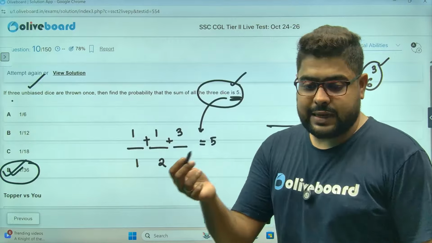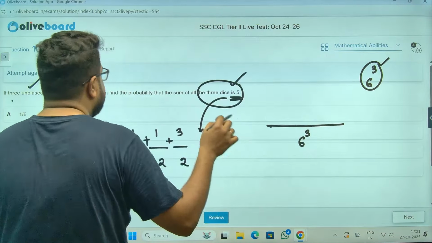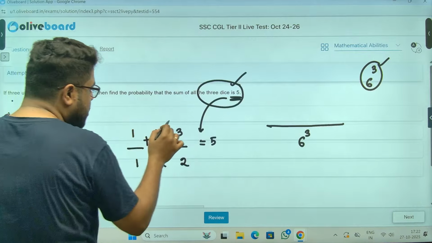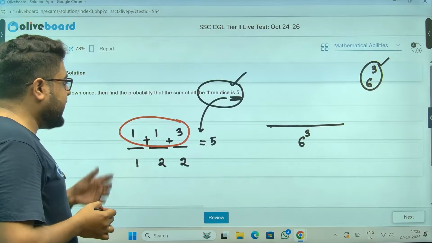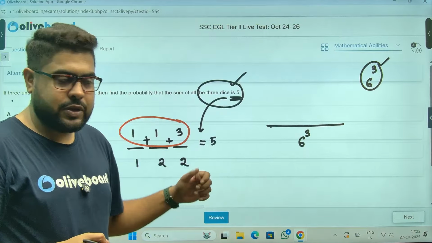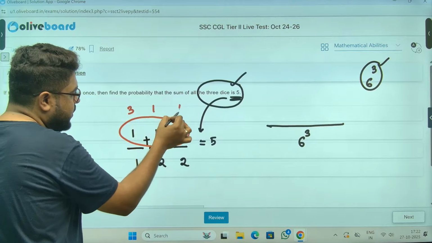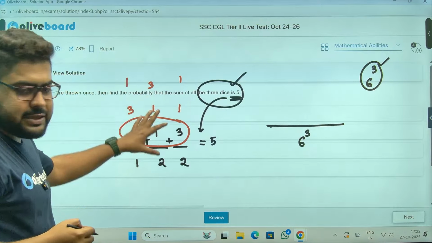But again, they will say, sir, then how are you saying 6? Why not 2? Please understand, they can interchange their positions. So 3 can come here, then 1, then 1. 3 can come here, then 1, then 1. These 3 are the possibilities.